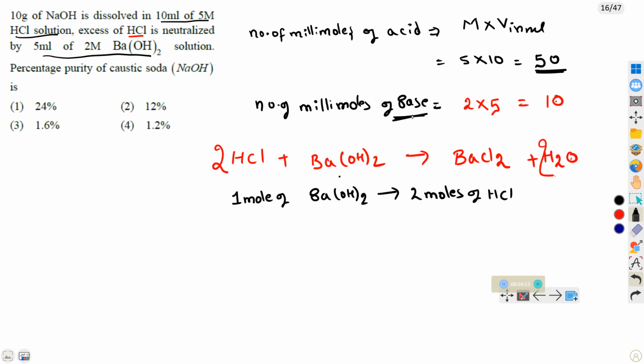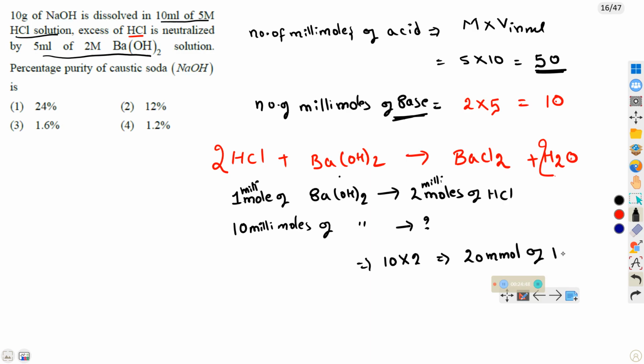And here how many millimoles of base is there? 10 millimoles. 1 millimole of Ba(OH)2 requires 2 millimoles of HCl. Then 10 millimoles of Ba(OH)2 requires how many millimoles of HCl? 10 into 2, 20 millimoles of HCl.